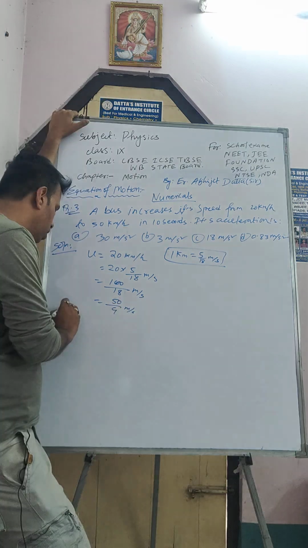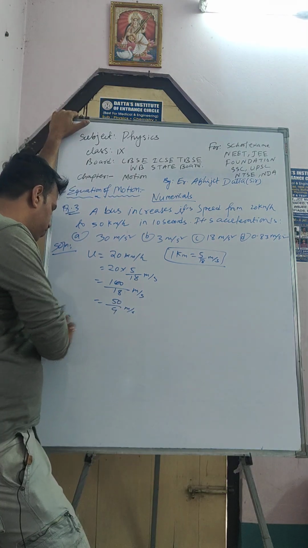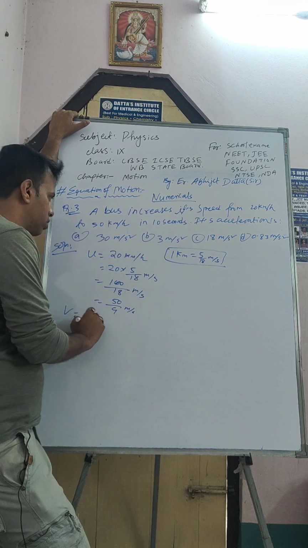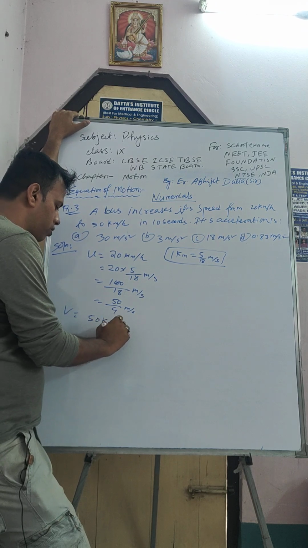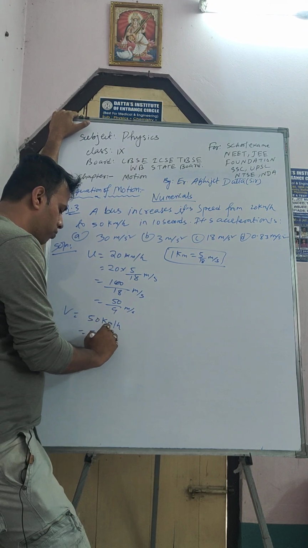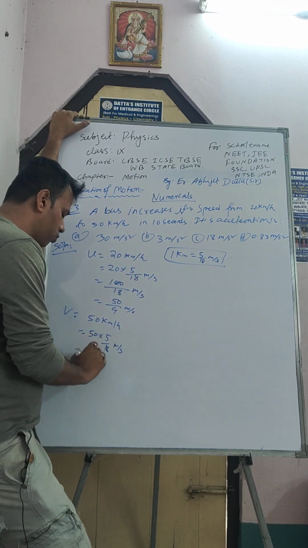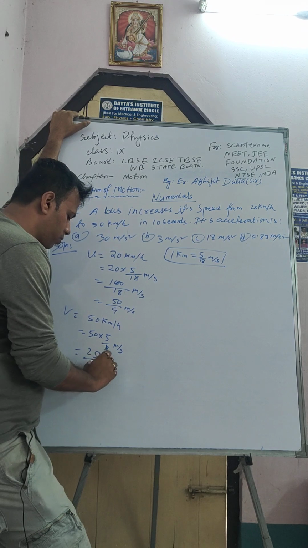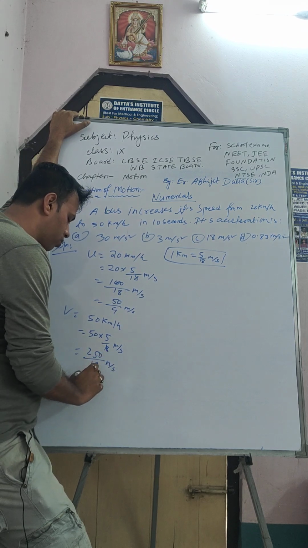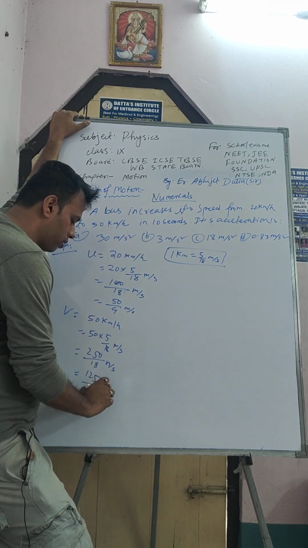This is the initial velocity, and final velocity v is what, sir? 50 km per hour. So 50 into 5 by 18 meter per second will be 250 by 18, which again we can say is 125 by 9 meter per second.